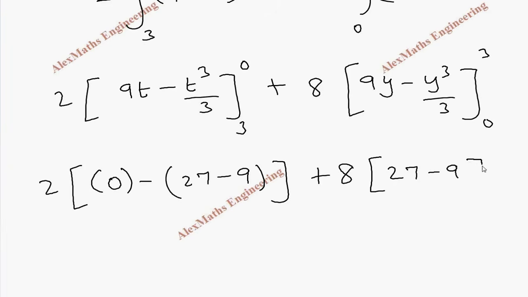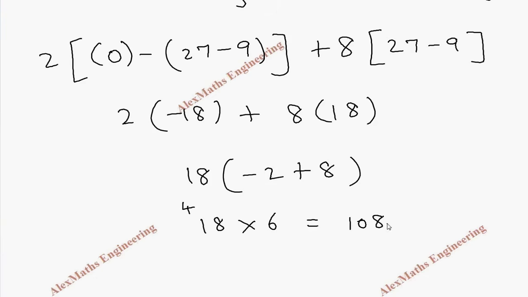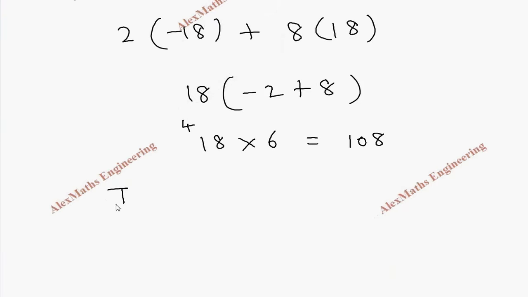When I apply the lower limit, everything is 0. So this is 2 into minus 18, and this is 8 into 18. So we can take 18 common. This will become minus 2 plus 8. So it is 18 into 6. When I multiply, 8 sixes are 48, and 6 ones are 6. So 108 we get. So finally the value of I5 we got as 108.